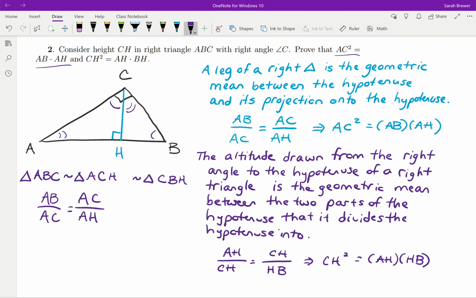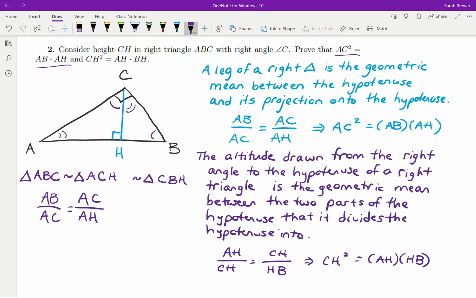Similarly, CH is the shorter leg in my medium triangle, and it's the longer leg in my smallest triangle here.